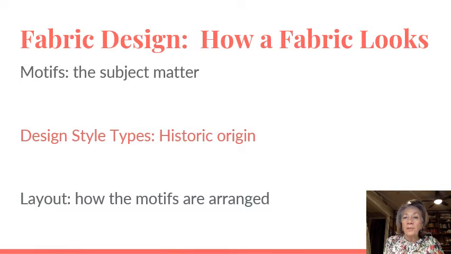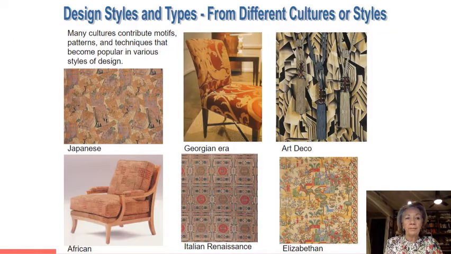We've discussed a wide variety of motifs, prints, stripes, dots, etc. Historic origin refers more to how they're made or to a particular locale or location that is represented in the fabric. So let's move forward in discussing historic origin, which is our second element of fabric design. We have looked at many motifs and conversation prints, but now we're moving on to design style types.